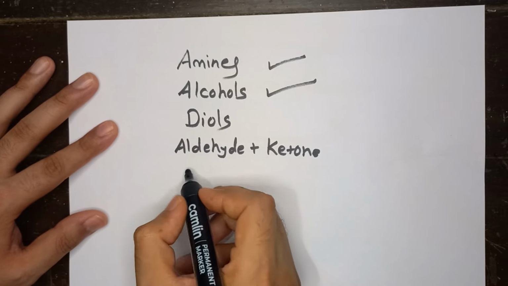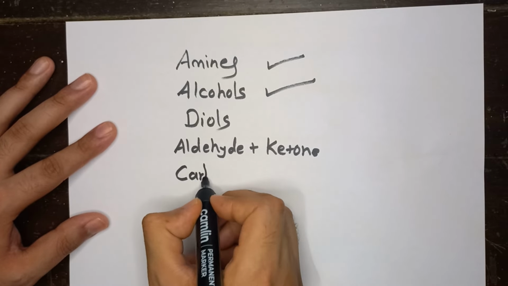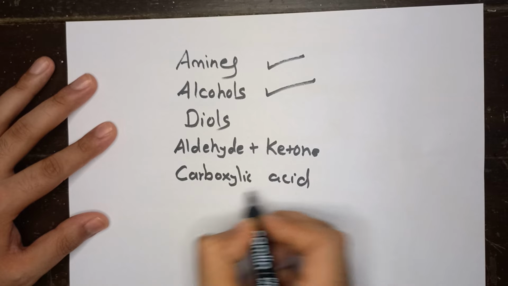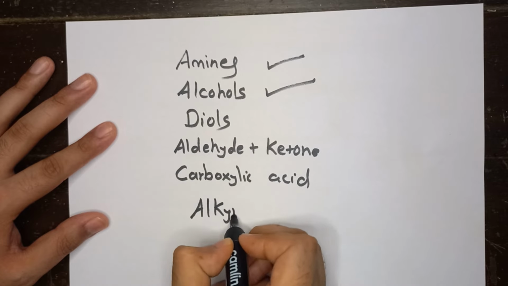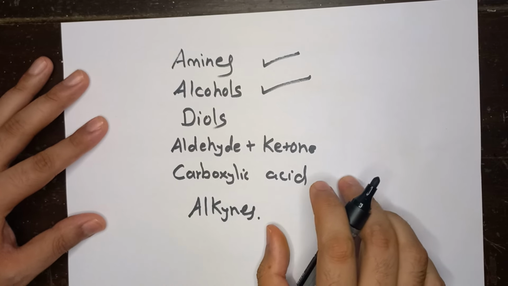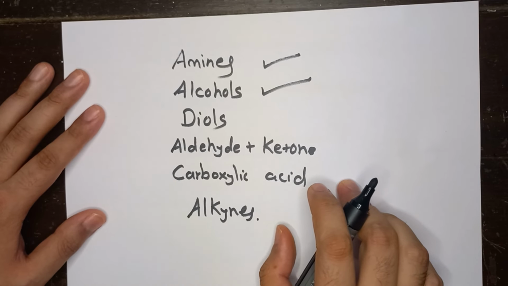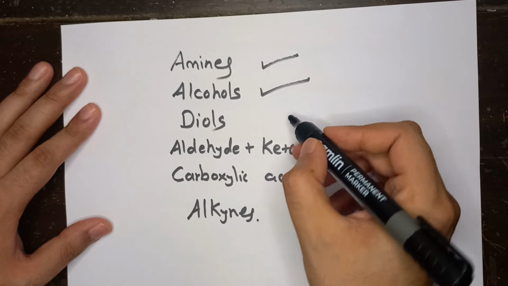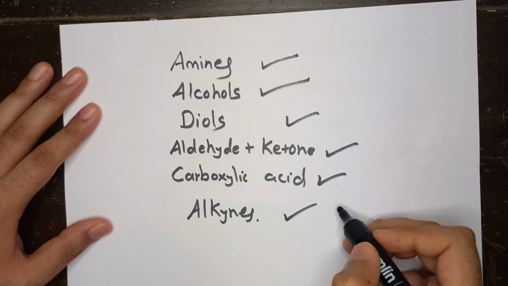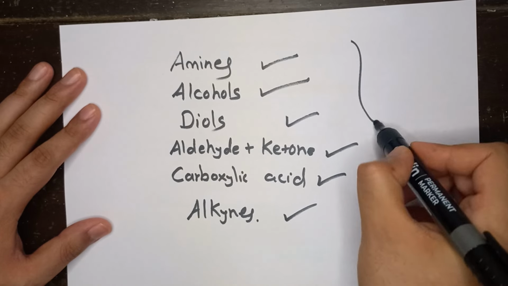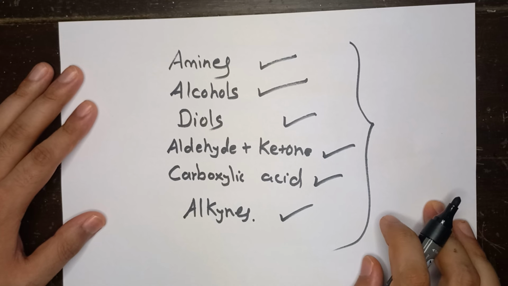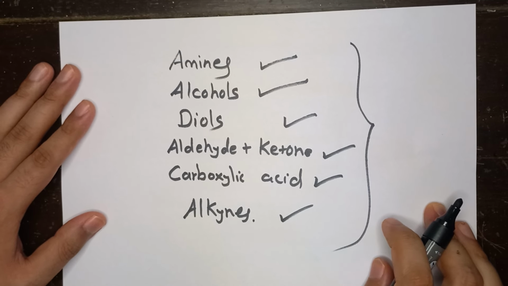We discussed carboxylic acid. And we also discussed alkynes. So up to my knowledge, I have discussed everything when it comes to protection and deprotection of organic molecules. And we have also solved practice problems for all of them. So that was the series of protection and deprotection in organic chemistry.